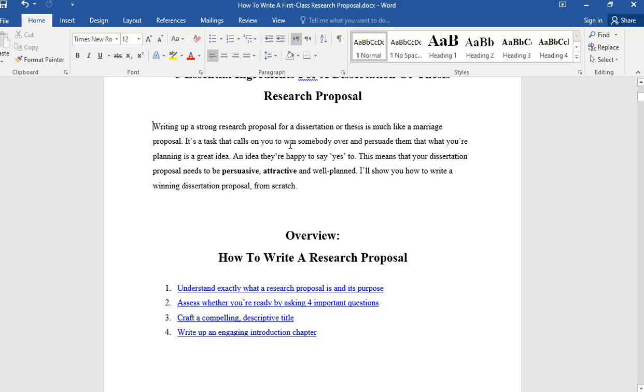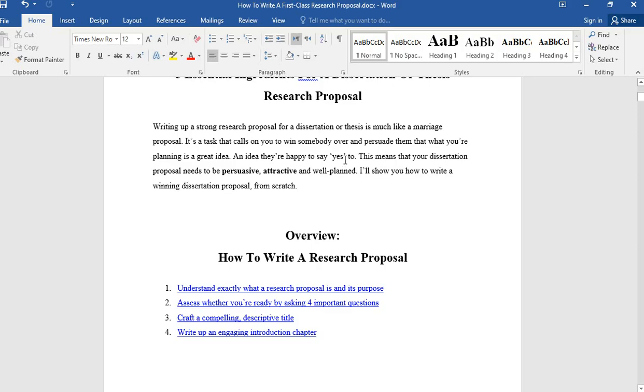Therefore, writing a research proposal is also a way of persuading the administrators, the people in charge in that institution or university, to understand whether your plan for the future of their company is great or not. So an idea they are happy to say yes to, right? When they are persuaded, they would say yes.